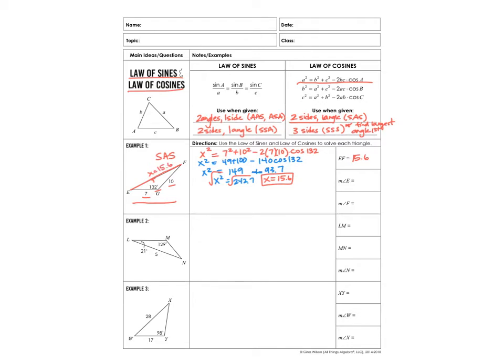Now we have all three sides, and we're missing the two angles. So we can set up now the law of sines, because we have side, side, angle.